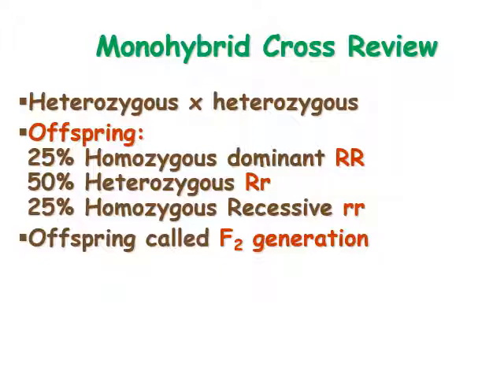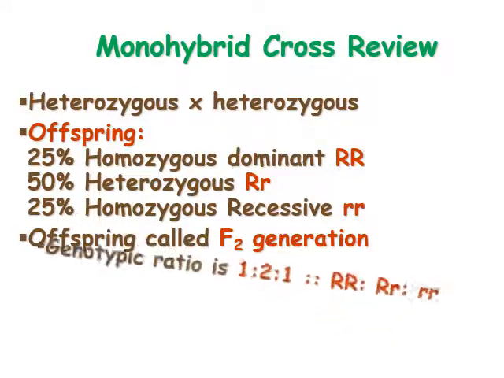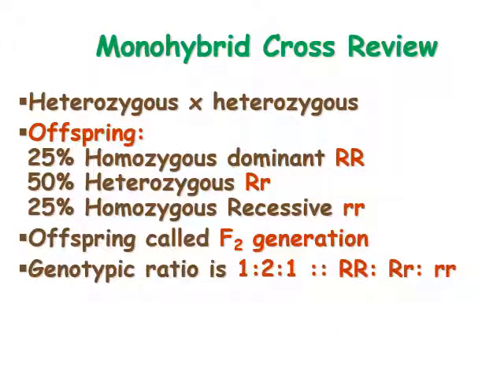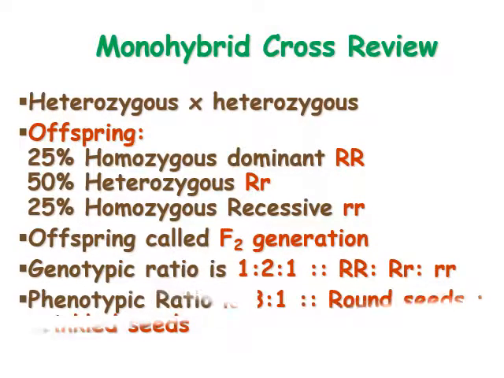All these offspring constitute what we also call the F2 generation. The genotypic ratio of this F2 generation is represented as 1:2:1 such that capital R capital R is to capital R small r is to small r small r. And the phenotypic ratio is represented as 3:1 such that round is to wrinkled.